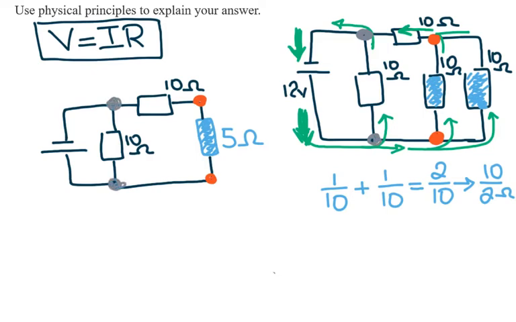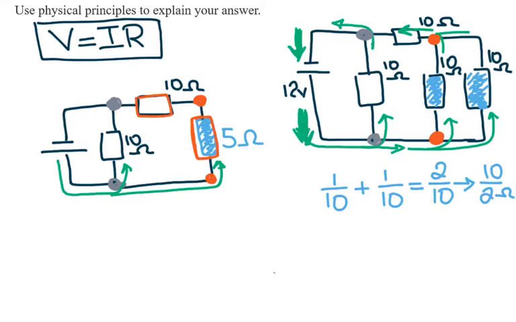Okay, so now I see there are 2 resistors in series. So I have 1 resistor and another resistor, and they are connected in series. What does in series mean? Think about it this way.